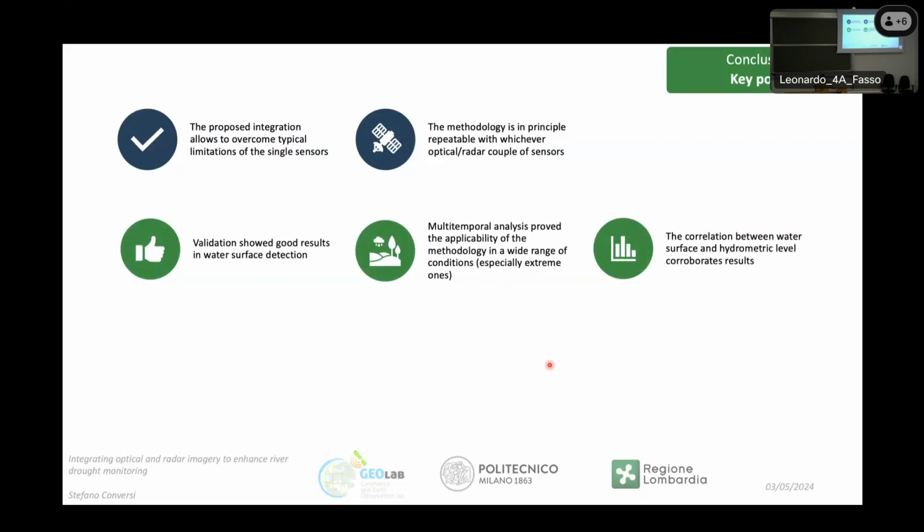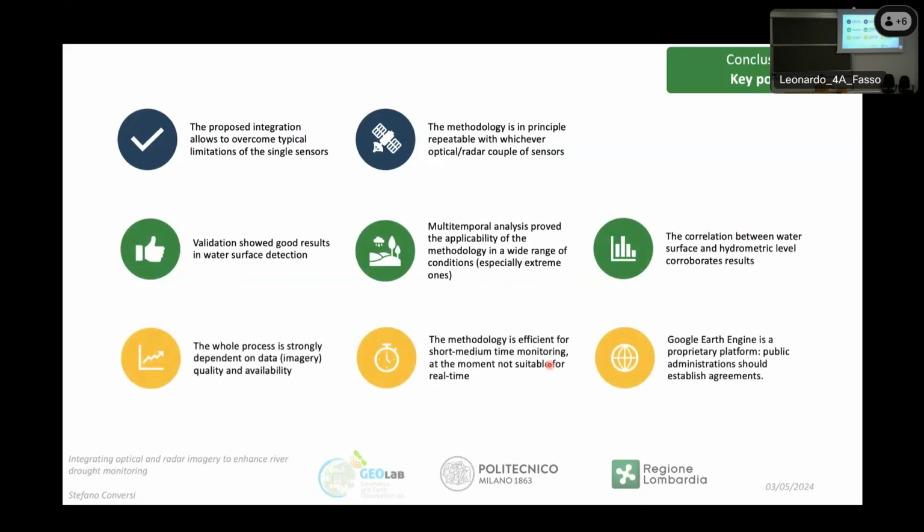Also, the correlation between water surface and water level is corroborating the results, but still we should be aware that everything is based on data, as everything in our work, and it is based on imagery. Imagery can be imperfect, so it can have some issues, and so this kind of work may not properly work and deliver results in case of problems with the original data, which is quite obvious.